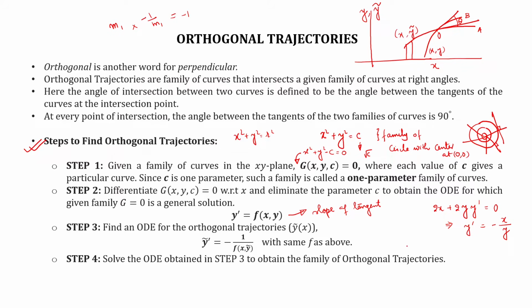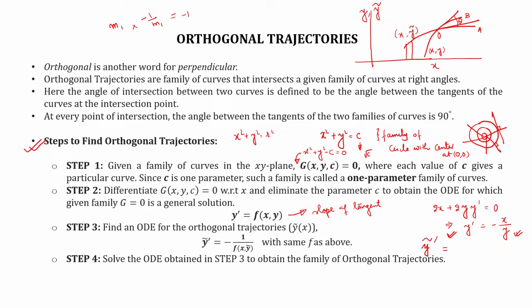Let us see how to do step 3 and step 4 for this family of circles with center at 0, 0. So we have the differential equation for the family of circles, which is y dash equal to minus x by y. Now y tilde dash, or the slope of the orthogonal trajectories, would be the negative of this inversed.